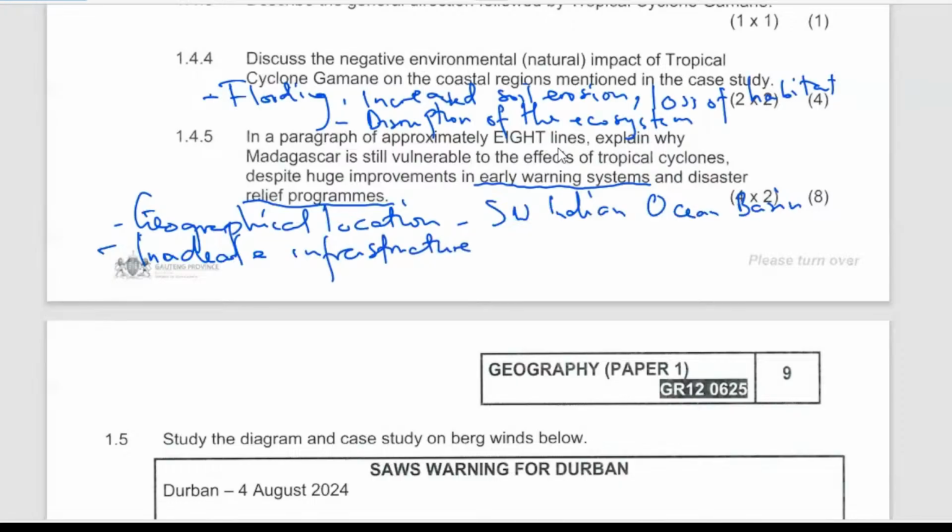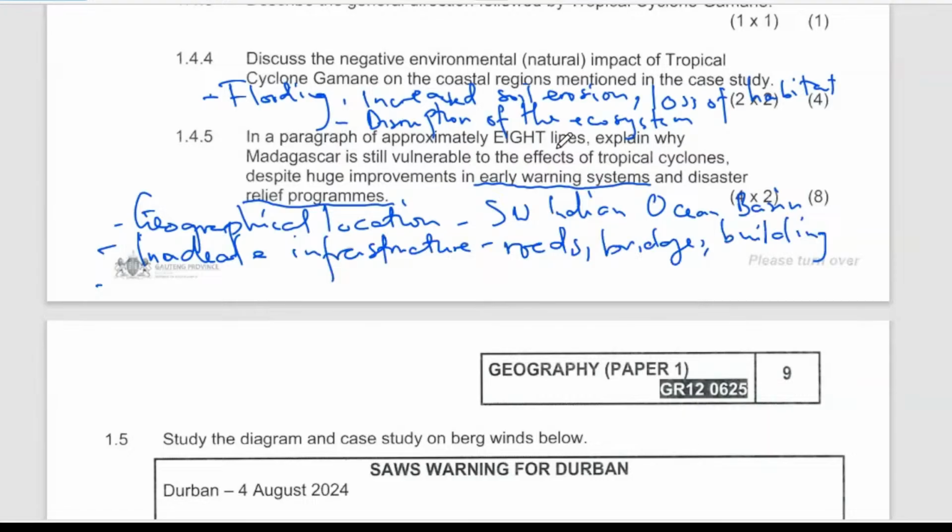We are looking at the nature of infrastructure in Madagascar. We are looking at infrastructure like roads or bridges or the buildings. They are not strong enough to resist the strong winds which are associated with tropical cyclones and also heavy rainfall. Such that despite the early warning systems, they are still prone because of the nature of infrastructure that they have.